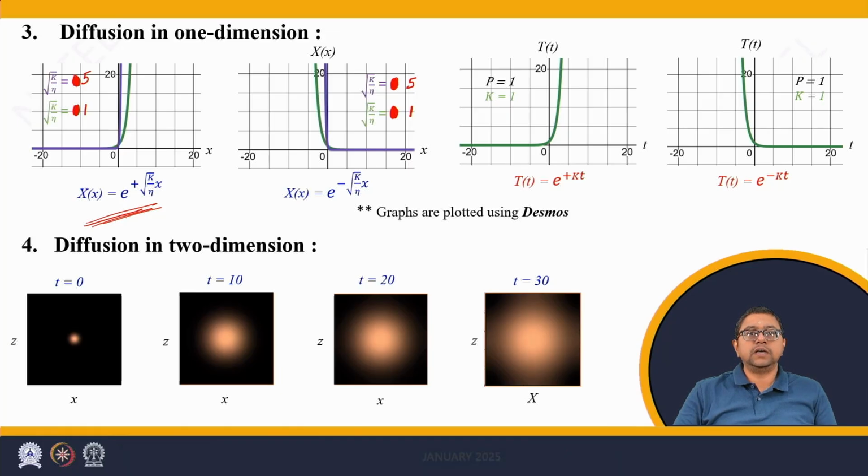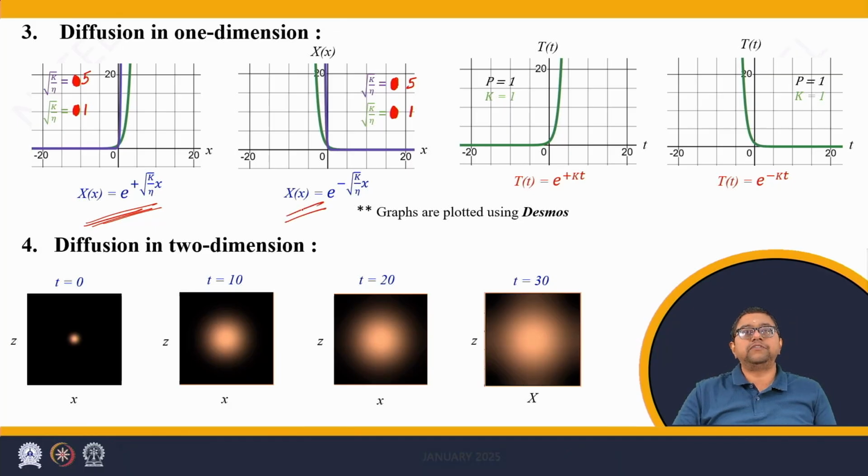Now this is a solution where the function rises with x. You can see the two solutions given in green and blue colors. The blue color rises much faster than the green color. The blue color denotes root over k by eta equals 5, whereas the green color indicates root over k by eta equals 1.